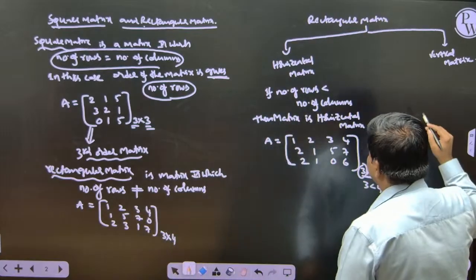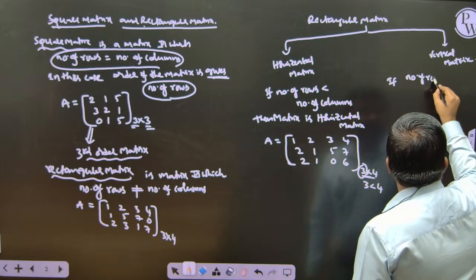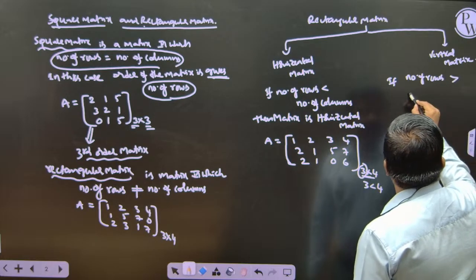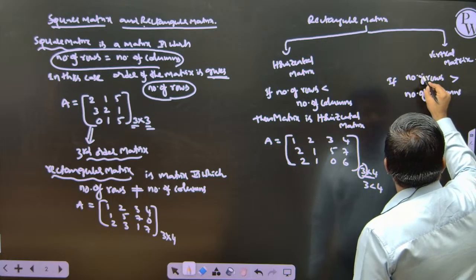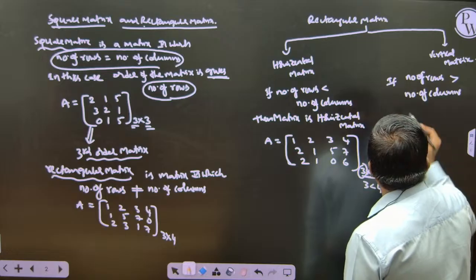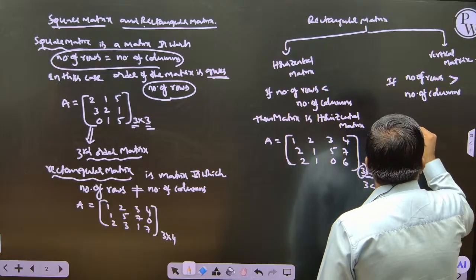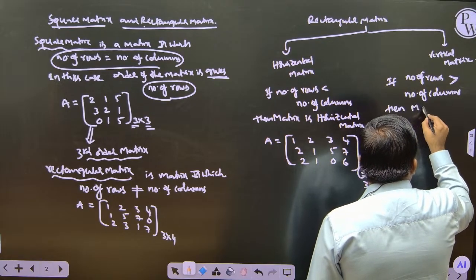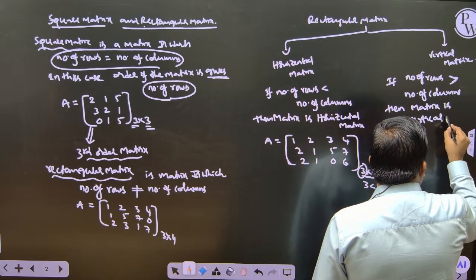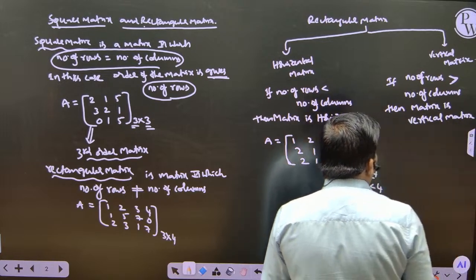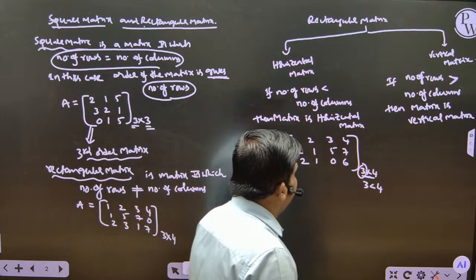Vertical means, if the number of rows is greater than the number of columns, then the matrix is a vertical matrix.